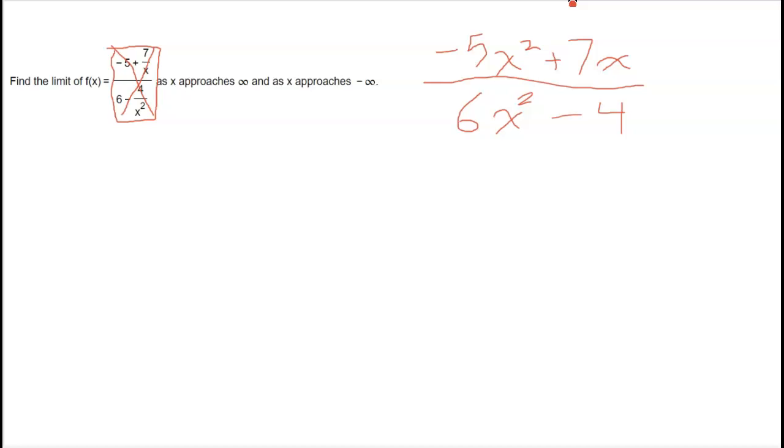Let's look at the bottom when we use 100. 6x squared is 60,000. Oh, but we have the minus 4. Wait a second. 60,000 compared to the number 4? Forget the 6 and the 4. That's some number of 10,000s versus a few units. That's a very small error.